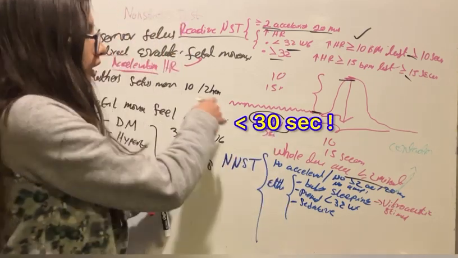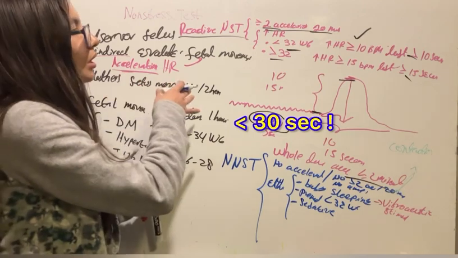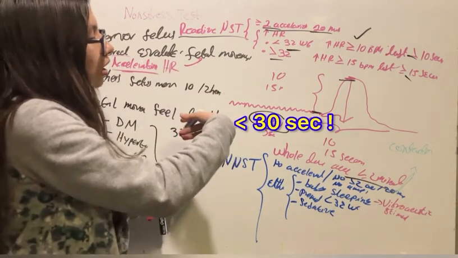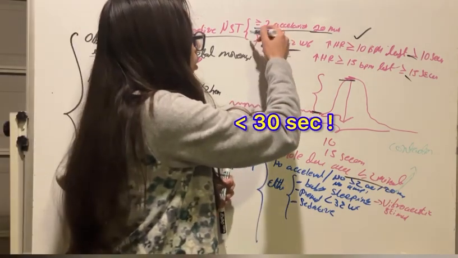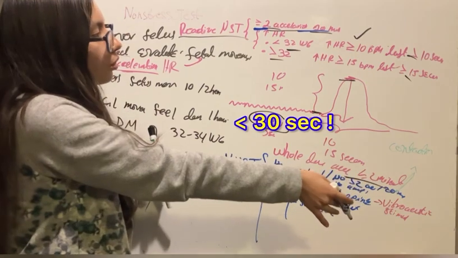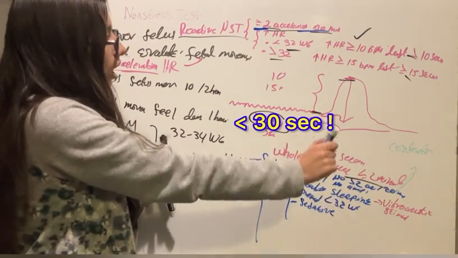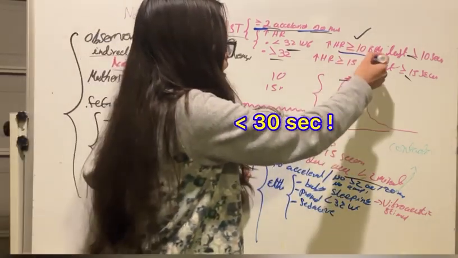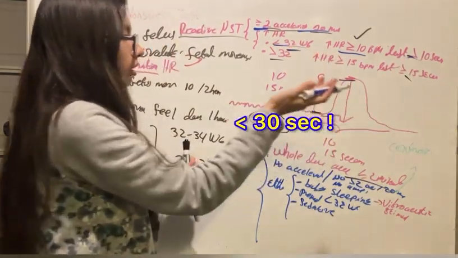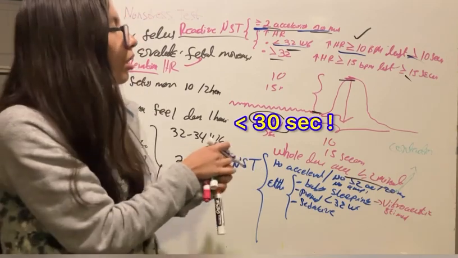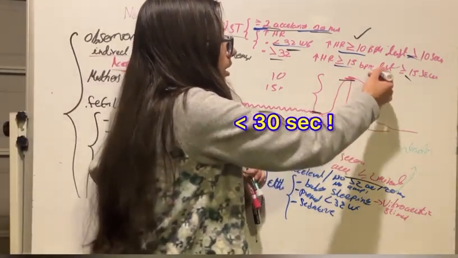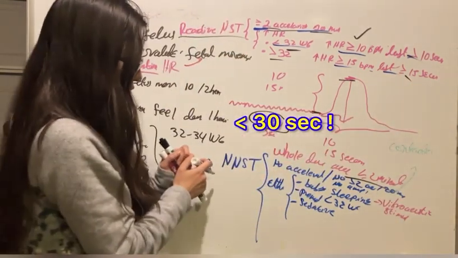But so the non-stress test is a non-invasive test where we should see greater or equal than 2 accelerations during a 20-minute window of an increase in heart rate being 10 beats per minute lasting more than 10 seconds in a less than 32-week gestation lady, or more than 15 beats per minute lasting more than 15 seconds.